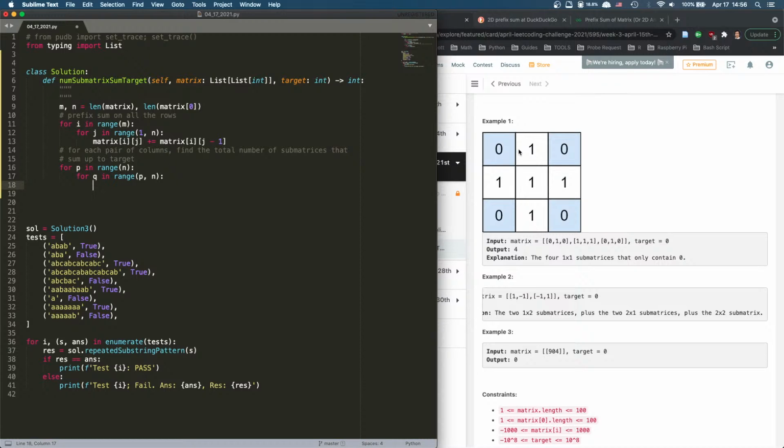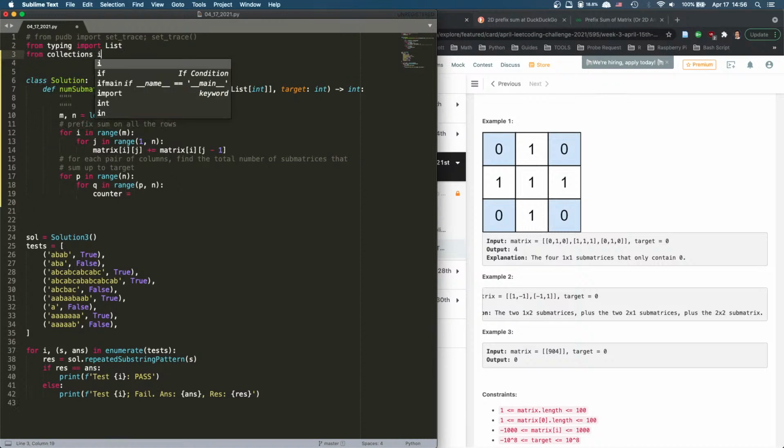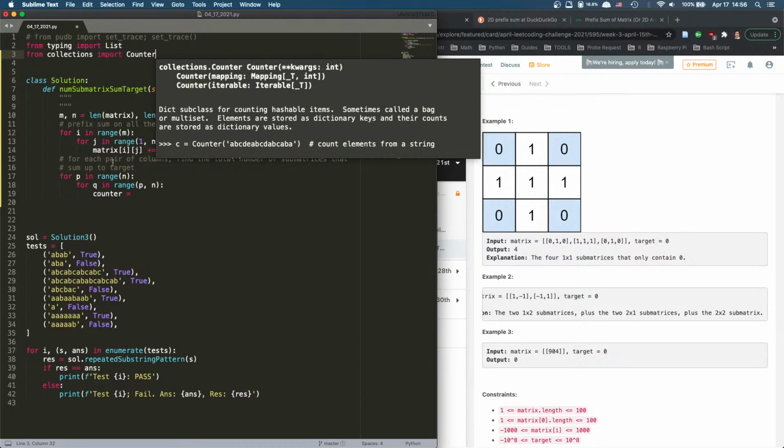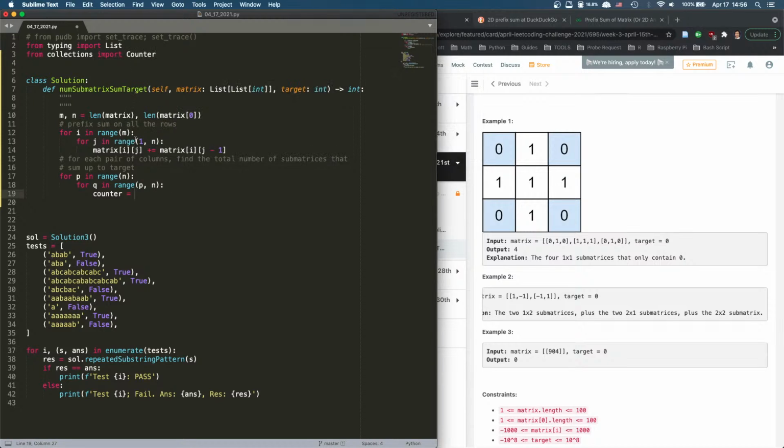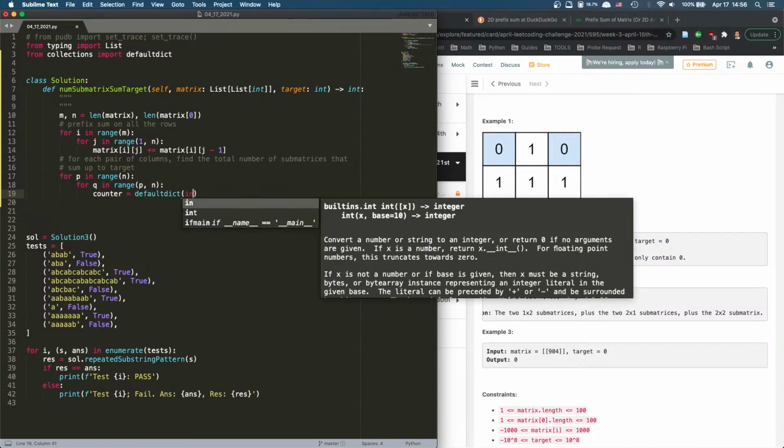Each one of these, we need to have a counter, right? Let's from collections import Counter. Yeah, we actually don't need a counter. Just defaultdict will work. All right, so this is going to be defaultdict int.